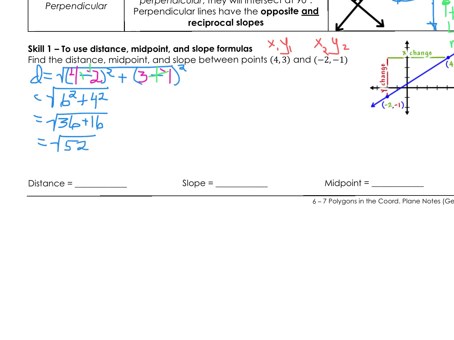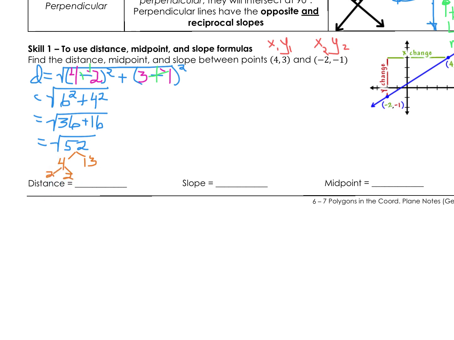If you can simplify it, you need to. So I am going to prime factor my numbers. The numbers that multiply to give me 52 might be 4 and 13, and then 4 is 2 and 2. Because I'm doing a square root and the index is understood to be a 2, I'm going to find groups of 2.